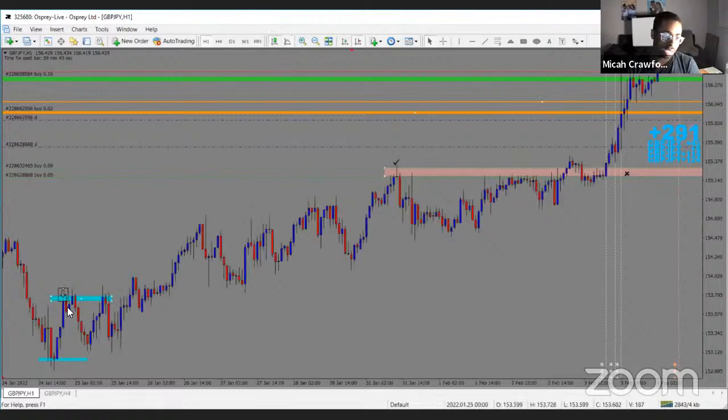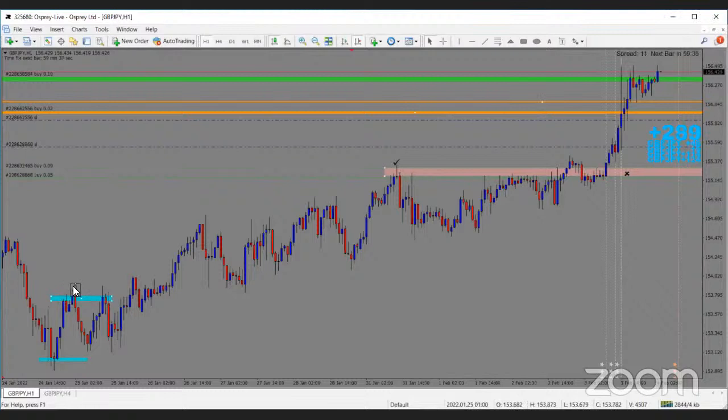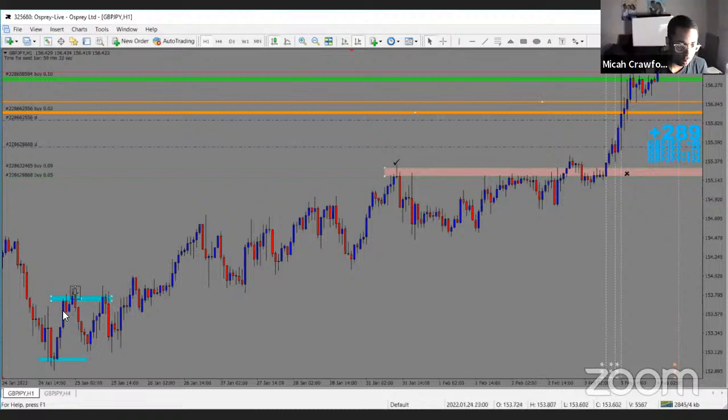How many times do you see price hitting off of that zone right now? 7. Oh, 7 times. Yeah. So you got 1, 2, 3, 4, 5, 6, 7, 8. We was 1 off. That's fine. But we can see that price is reacting off of this zone, right?